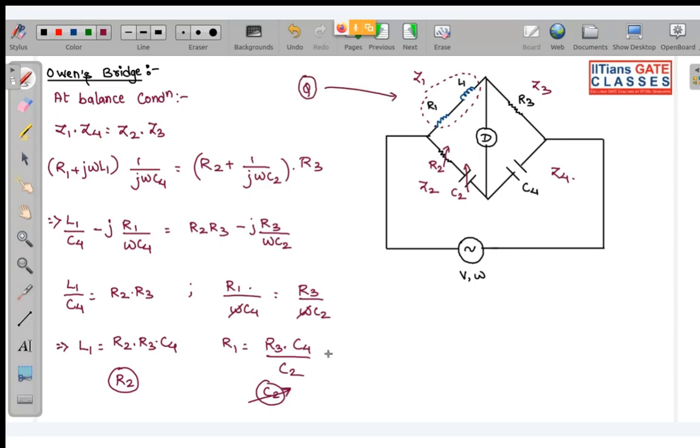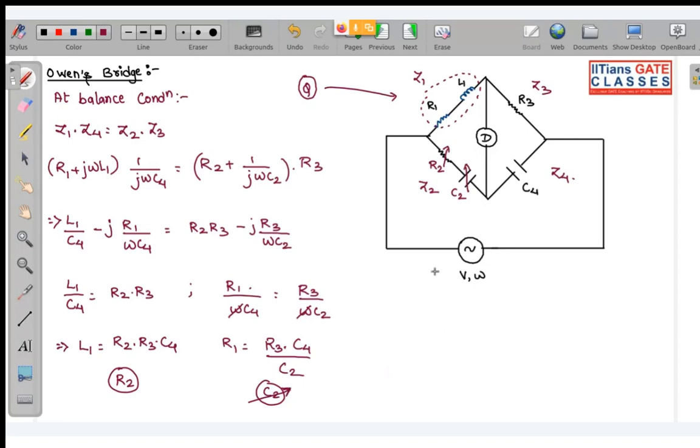Why? Because quality factor I can calculate only at the balance condition, not near the balance condition. So keep in mind that for calculating the quality factor, you need to vary both R2 and C2.